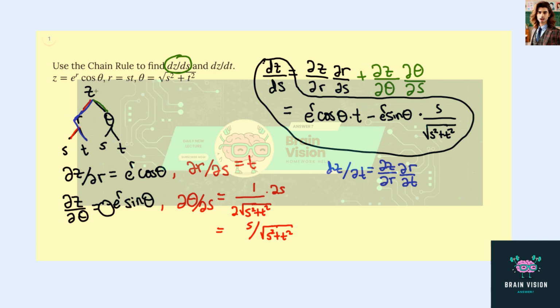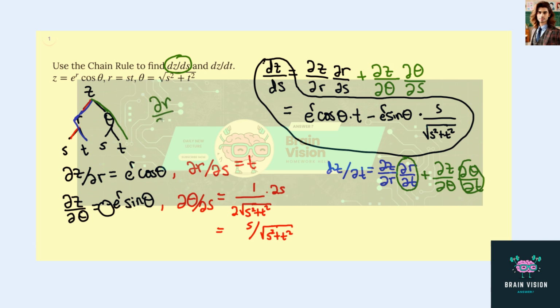And then we'll also have this path, dz d theta, and then d theta dt. So we'll have two derivatives here that we'll have to evaluate. So dr dt, these are the two new derivatives.